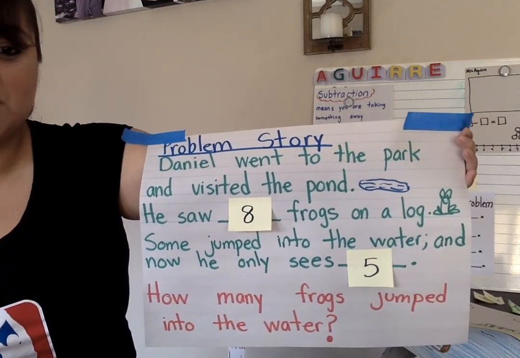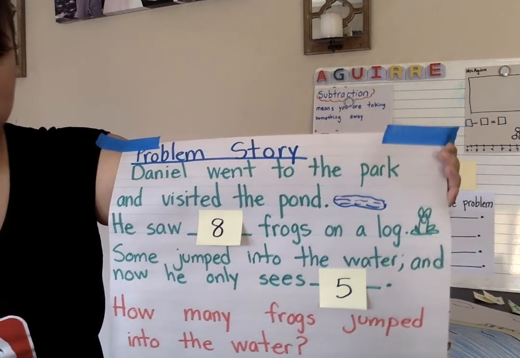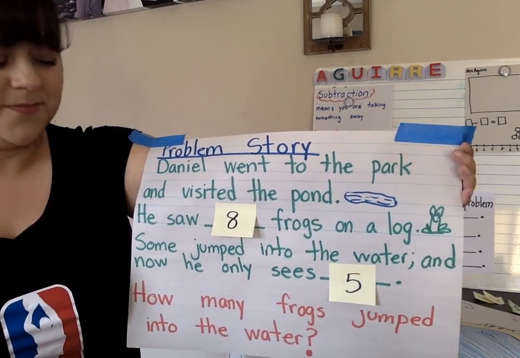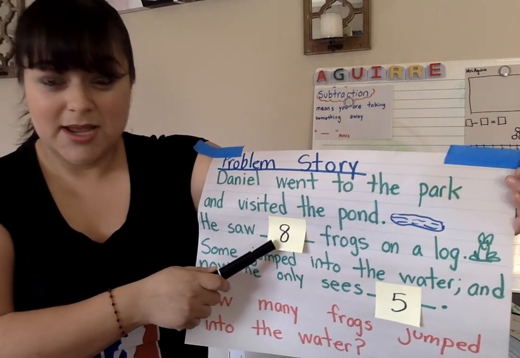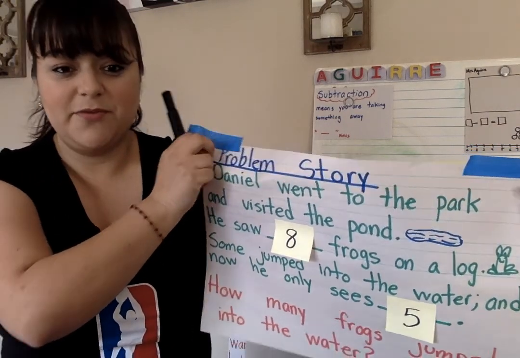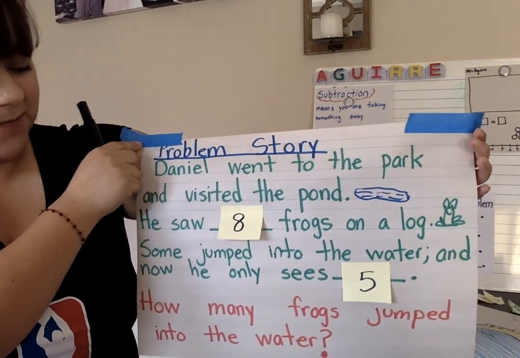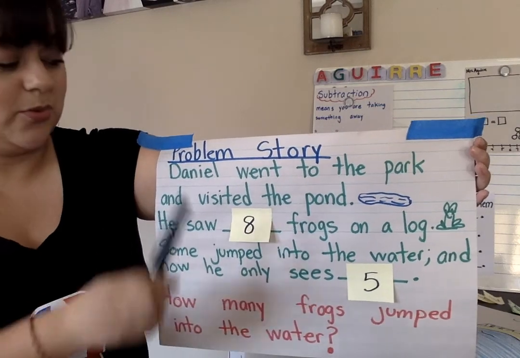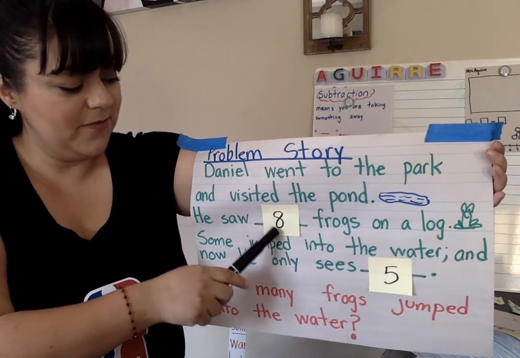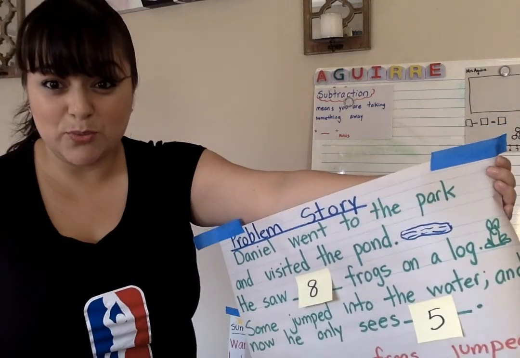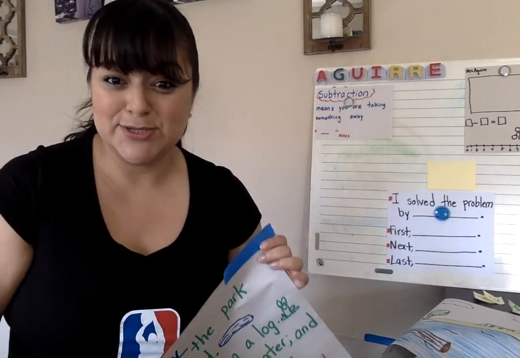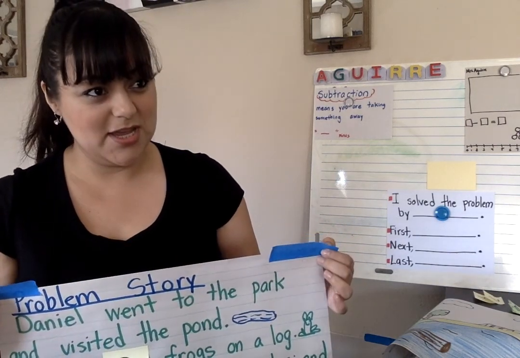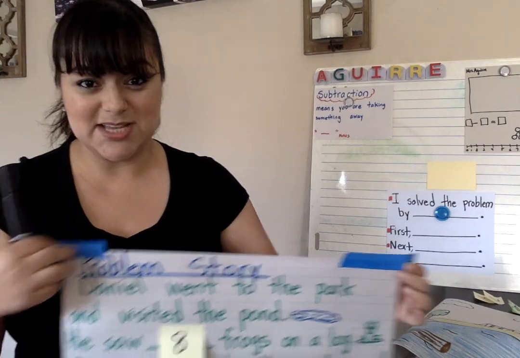Now, he saw 8 frogs on a log. So this story is about what animals? Frogs. Good. How many frogs? 8. Great. Now, what did some of the frogs do? Let's keep reading. Some jumped into the water. Okay, so there were 8, and some of these jumped into the water. Maybe they wanted to cool down, or they wanted to get some fish to eat, or maybe they just wanted to swim and exercise.